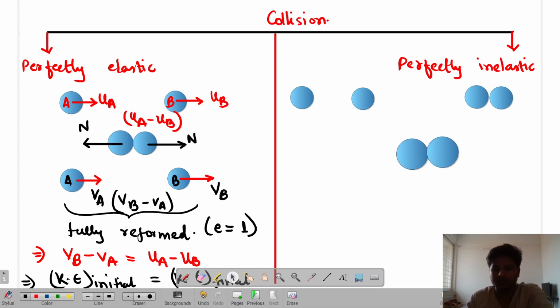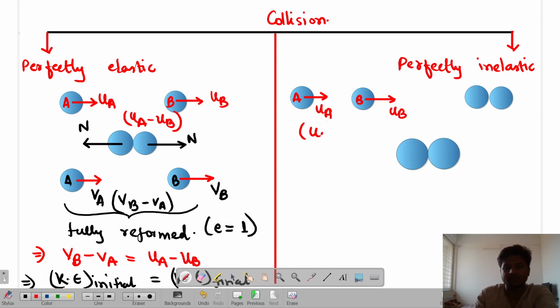They got separated, but with some deformation, or we'll see that. Let's suppose this is one body, another body, with velocities u of A and u of B. So the velocity of approach was u of A minus u of B. Are you able to get me or not?